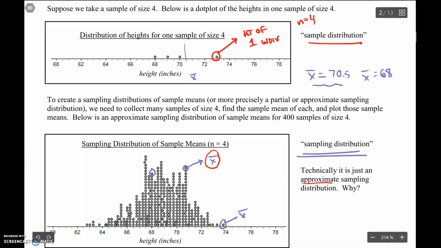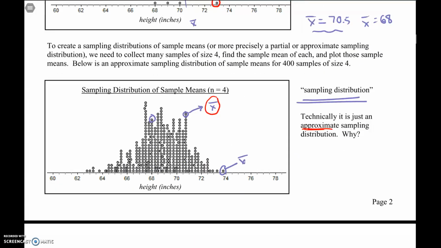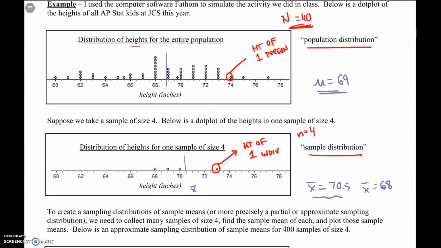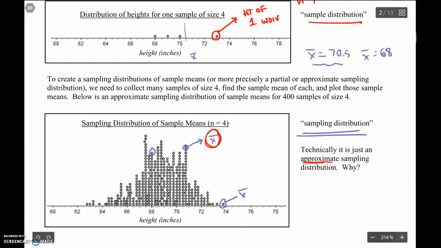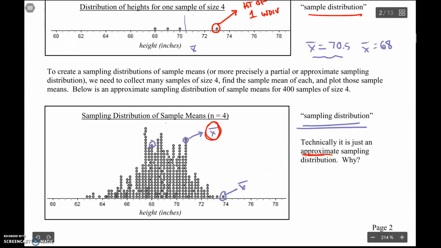So we say this is an approximate, partial, or simulated sampling distribution. But it gives me an idea of what kind of statistics I will get when I try to estimate the true population parameter. Now I said the true mean was 69. That's right here. That's the true mean.